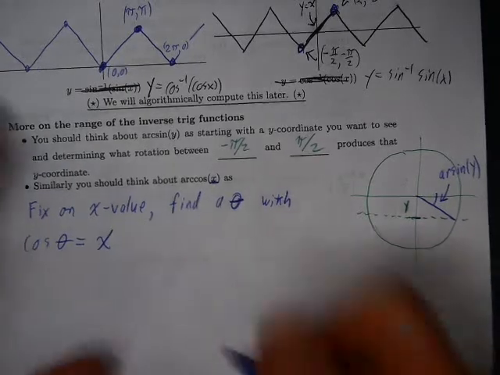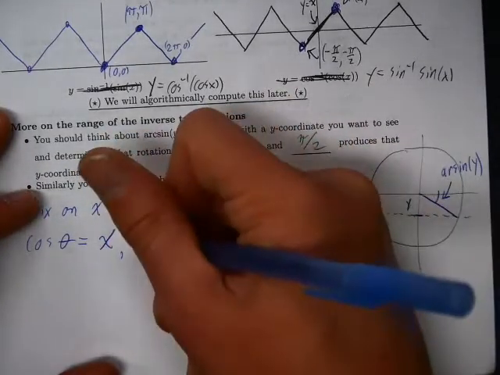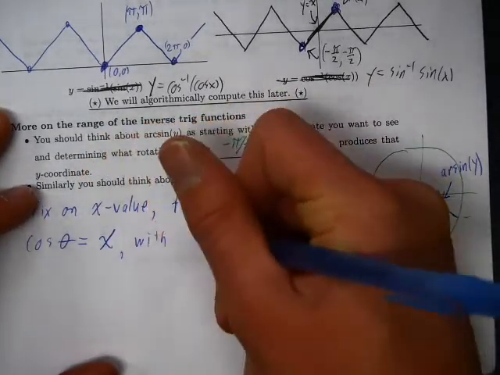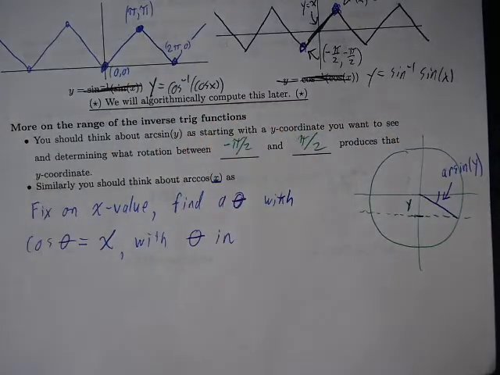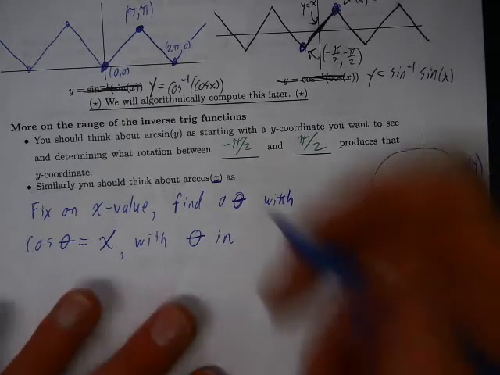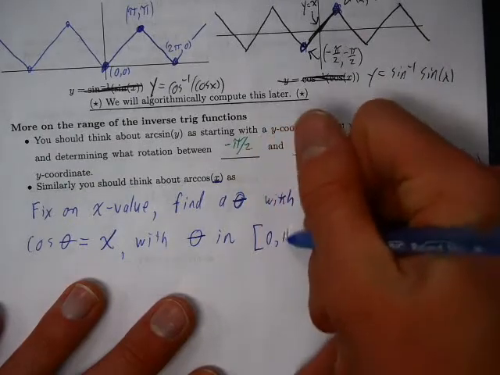With one other restriction: theta had better be in a particular range. What's the range of inverse cosine? 0 to pi. So this angle theta had better be in 0 to pi.